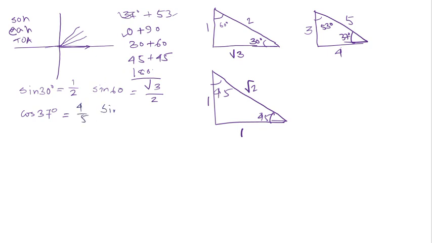Sin 53, if I ask you, sin means opposite to hypotenuse, so 4 by 5. Tan 45, tan is opposite to adjacent, so 1 by 1. Now if I ask you what is tan 60 degree, opposite is root 3, adjacent is 1.